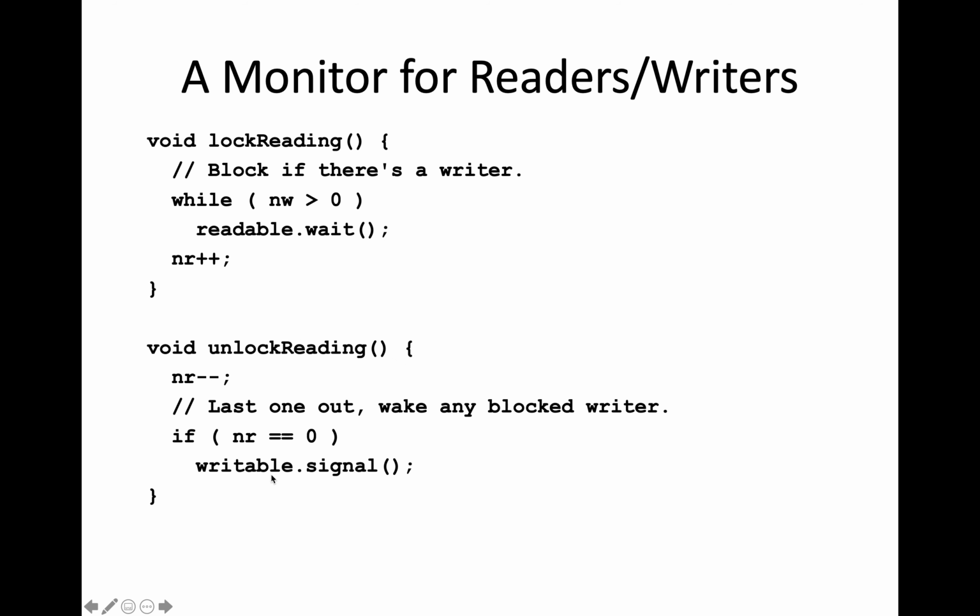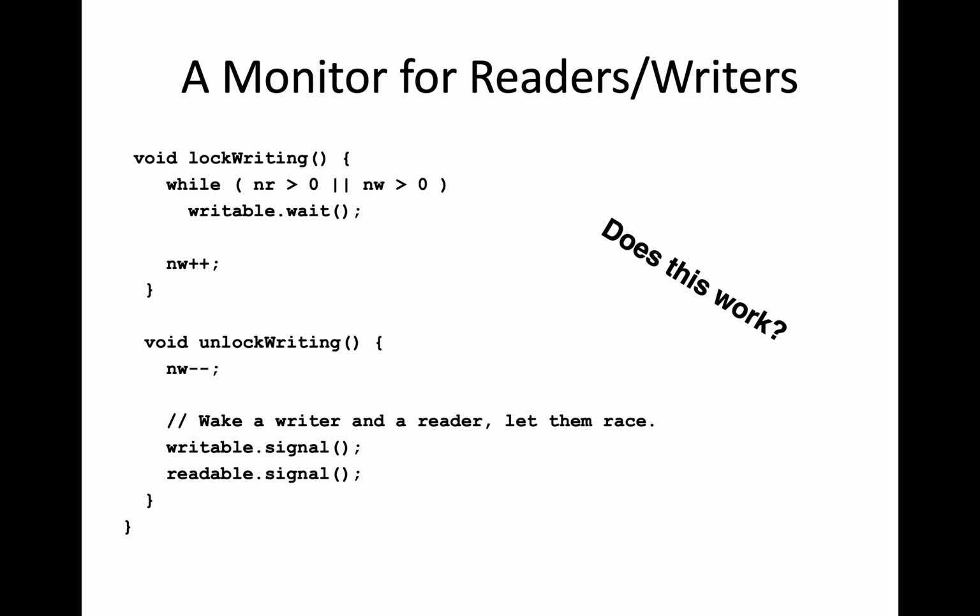So if there was a writer waiting, we signal to wake up one of those writers. Here you can see we wouldn't want to broadcast because only one writer at a time can access the object. So here it's nice that signal just wakes up one of them. And also remember, if there were no writers waiting, the signal does no harm. It just wakes up a writer if there was one. So these are the two functions that readers call to lock and to release locks for reading.